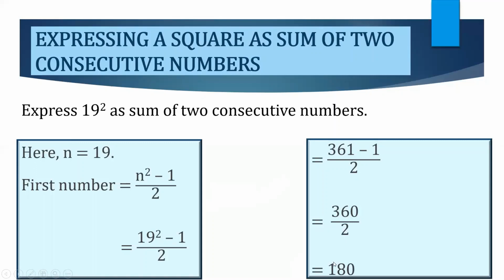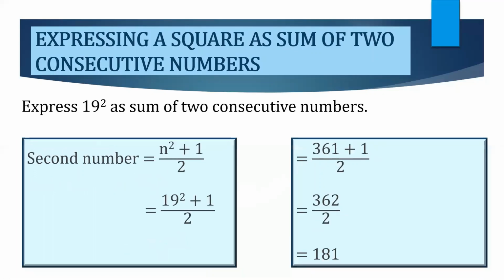Next, finding the other number, that is, the second number will be (n square plus 1) upon 2, that is, (19 square plus 1) upon 2, that is, 362 divided by 2 is 181. So we can express the square of 19, that is 361, as the sum of 180 and 181.